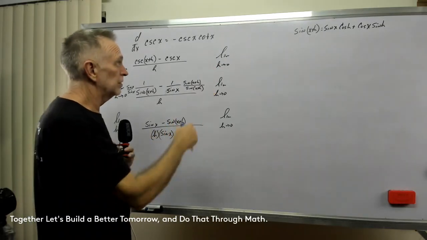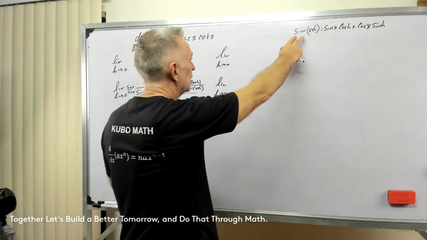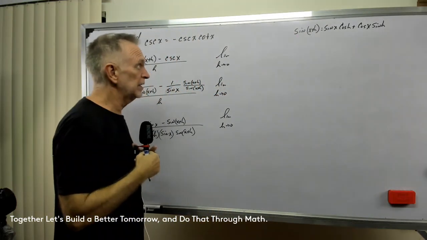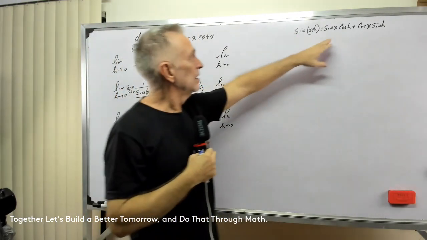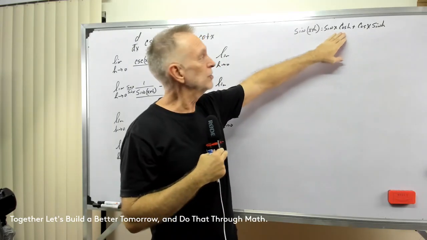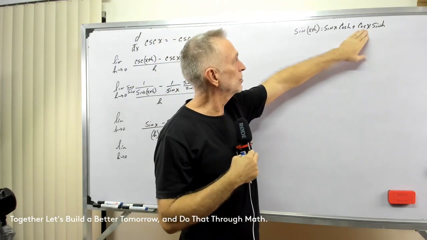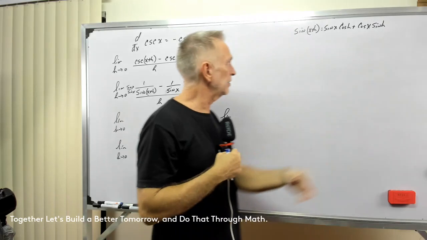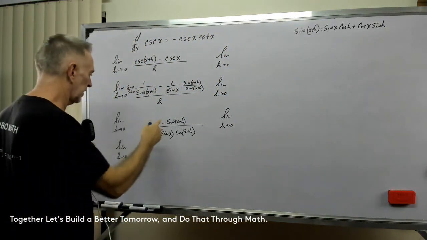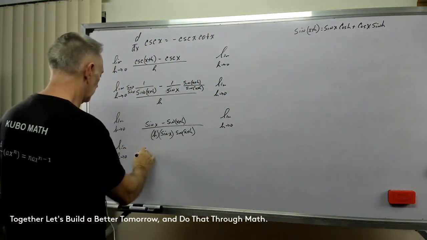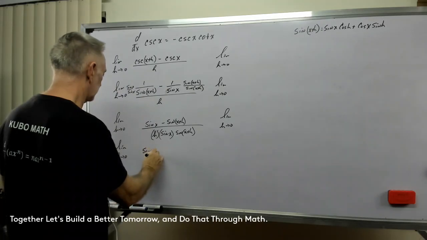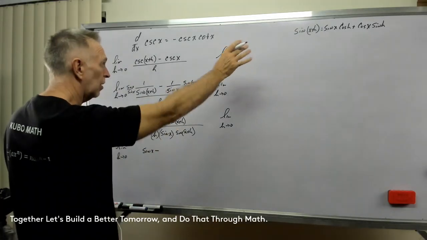Now, sine of x plus h is sine x times cosine h plus cosine x times sine h, so we can plug that in here.